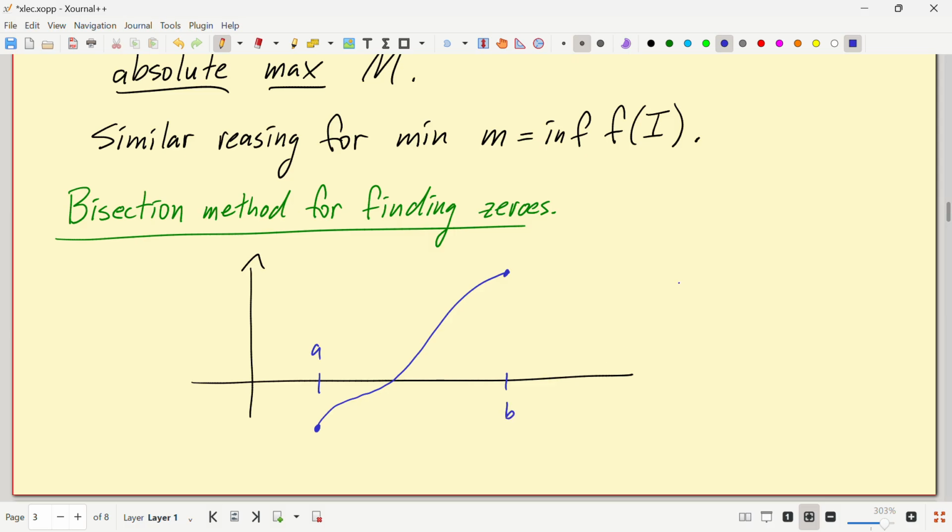In my example here, I'm going to assume that f of A is less than 0 and f of B is bigger than 0.